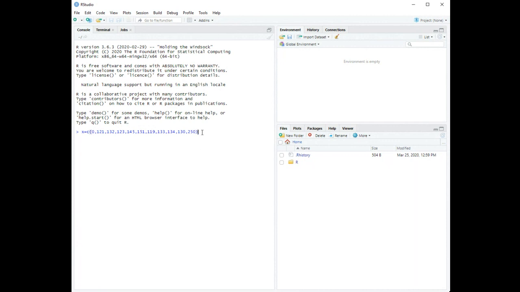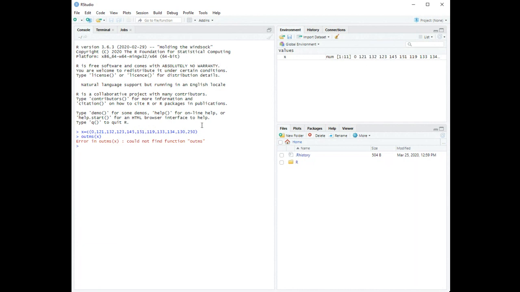We want to see if it's going to mark 0 and 250 as the outliers, because they're the ones with the biggest differences. To use this one, it's going to be that classic outlier rule, which is outms.